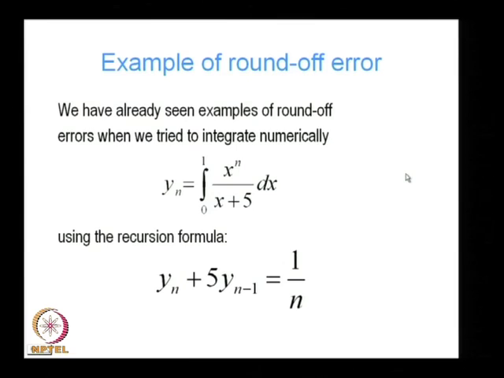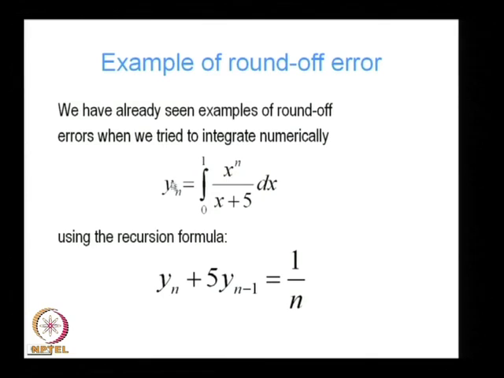Examples. Next we will consider examples of round off and truncation errors. We have already seen examples of round off errors when we tried to integrate numerically yn equal to the integral of x to the n divided by x plus 5 over the interval 0 to 1.